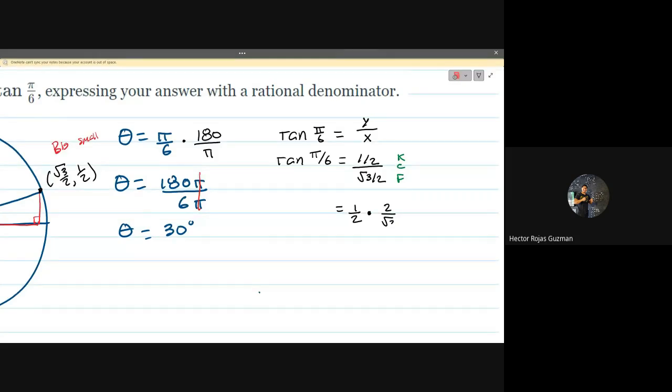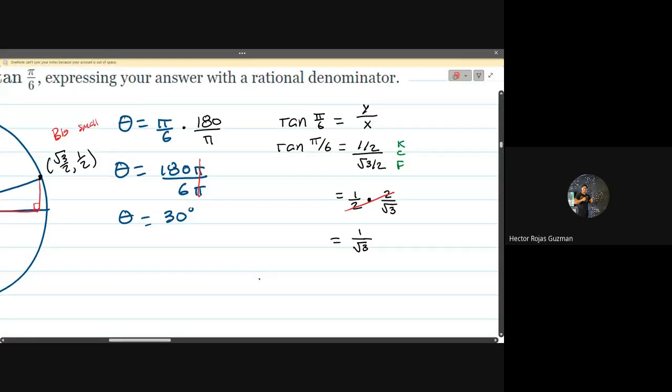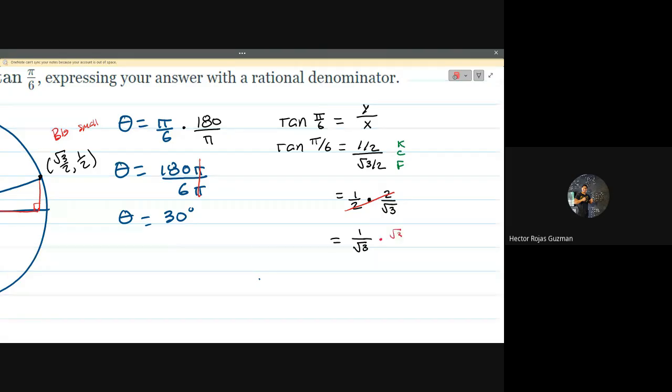Keep, change, flip. That's basically multiplying by the reciprocal. All right, well, look at that. The 2's are going to cancel each other out, leaving us with 1 over the square root of 3. But my answer has to be rationalized, so I have to multiply this by the square root of 3 over the square root of 3. And that's going to give me the square root of 3 over 3.